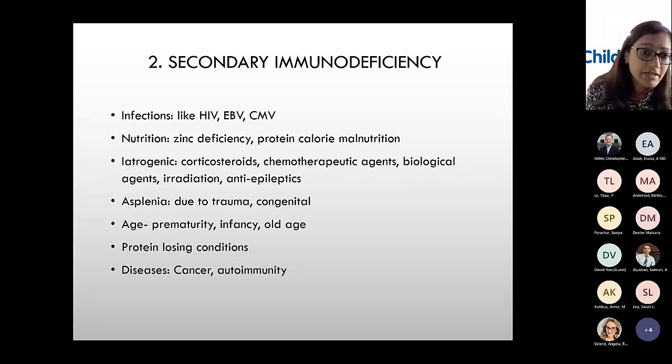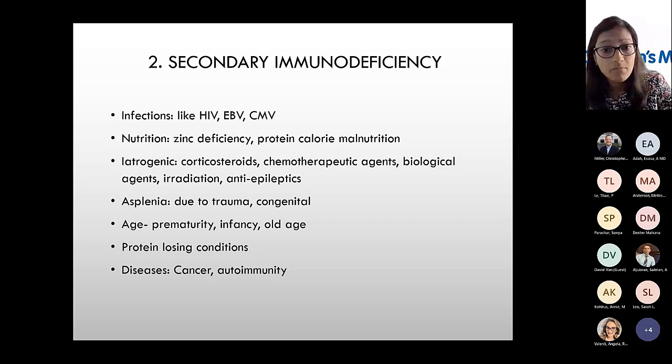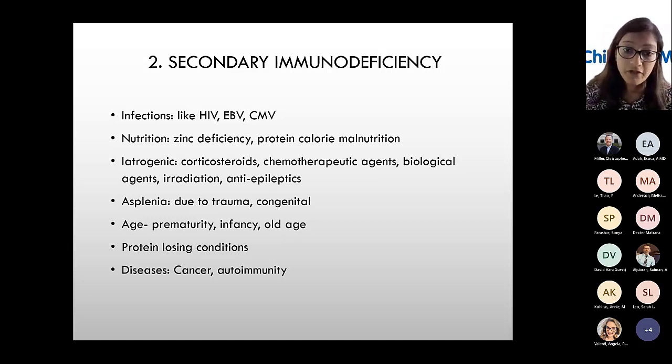There are some protein losing conditions like nephropathy or enteropathy that can lead to loss of immunoglobulins, and that can lead to increased infections. Although most of these patients do pretty well because the immunoglobulins that they hold on to are still pretty functional. And then there are some disorders like cancer, autoimmune conditions that can also predispose them to having more infections.